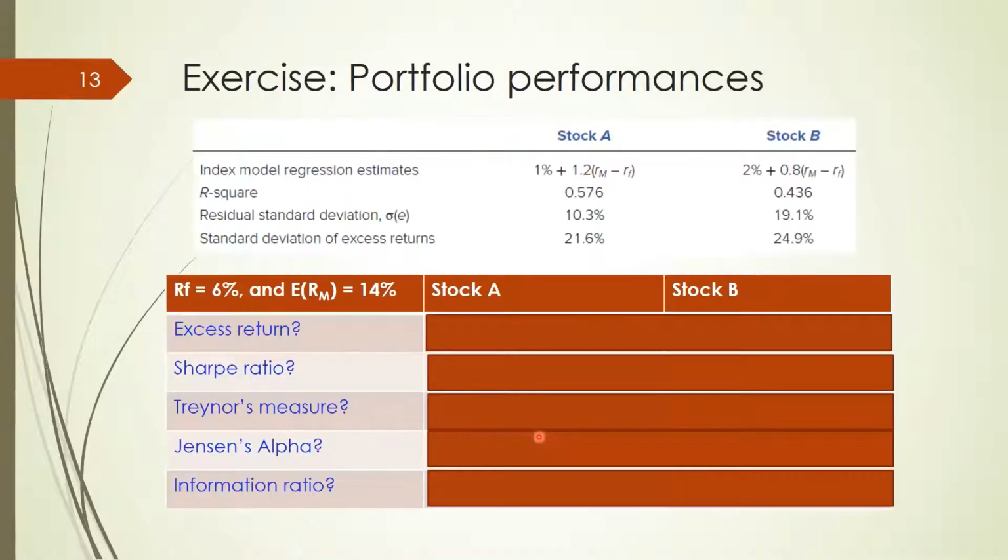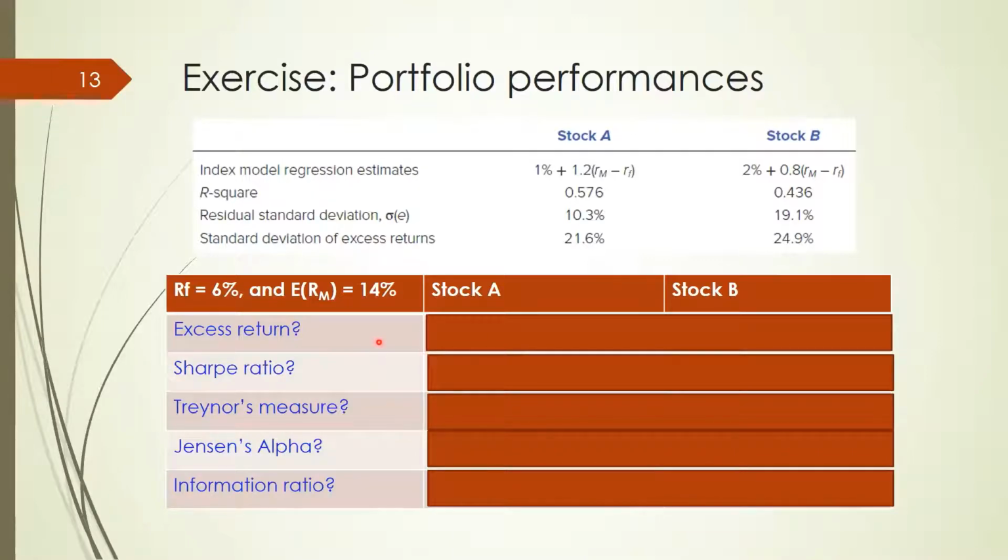So here's your exercise. We have stock A and stock B. We have the estimates for the index regression model. We have the R-square, the residual standard deviation, and the standard deviation of excess return. We are given the risk-free rate and the market return, so our job is to figure out the excess return for the stocks and the performance measures for the stocks.